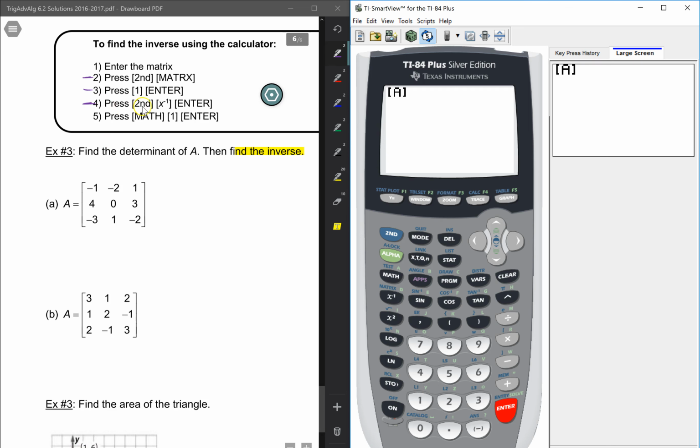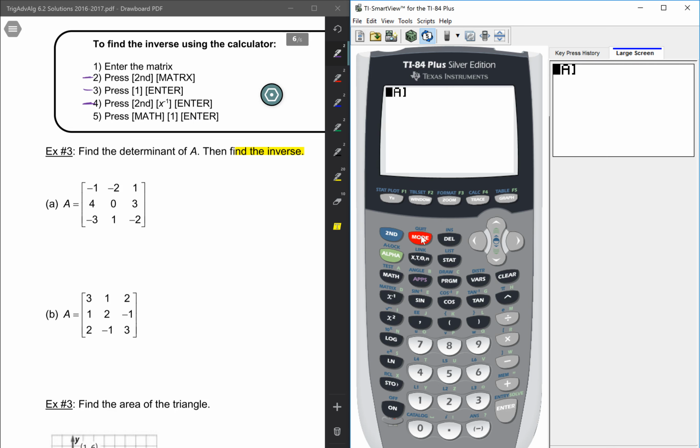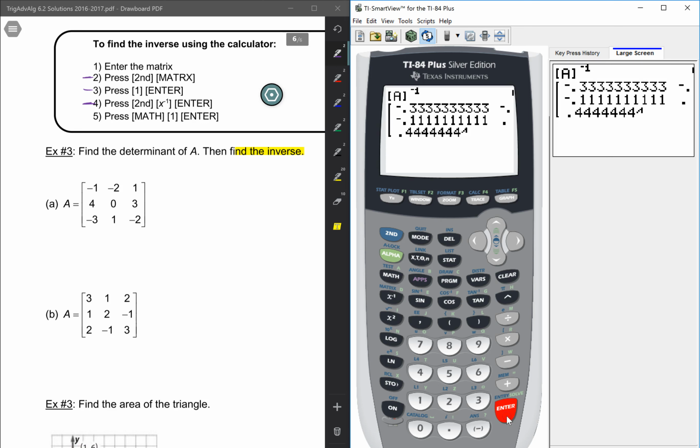Now it says to press second and x inverse. Wait a minute. Sorry. It's not second, it's just this. Enter. But this is not what we want.